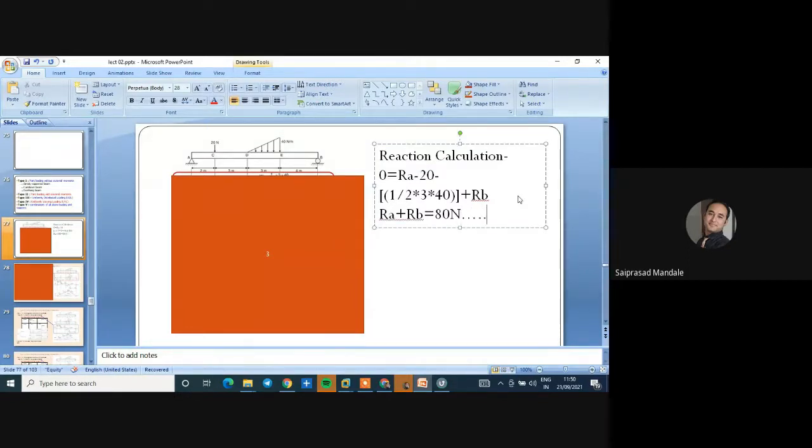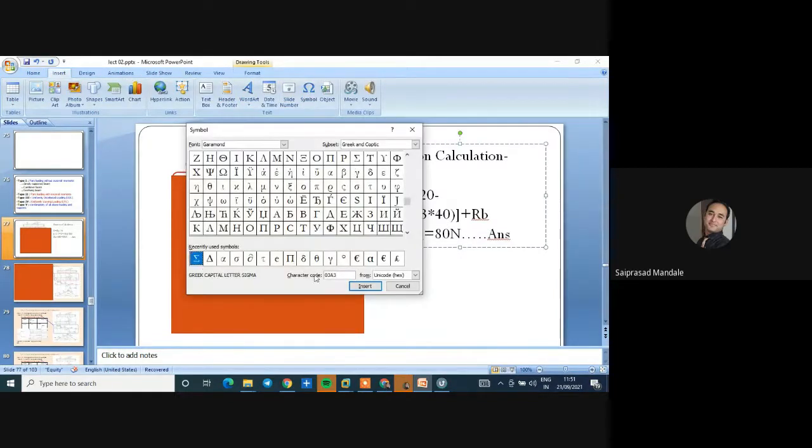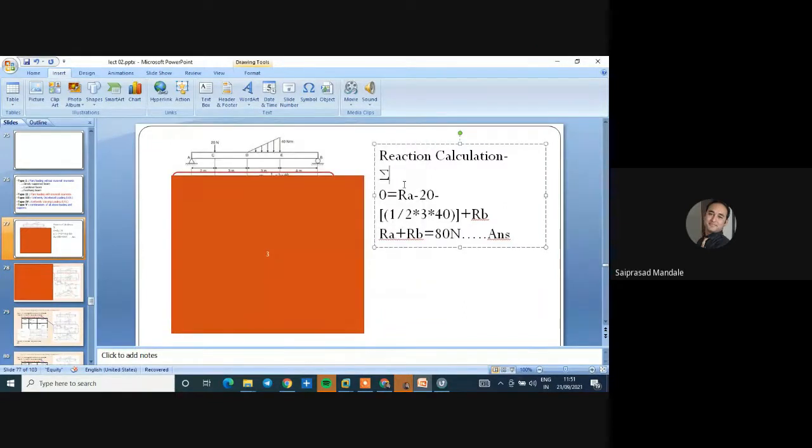Please check and tell me the answer. 80? Is it right or wrong? Yes, sir, right. Good. Summation of Fx is equal to 0. Summation of Fy, we have calculated RA plus RB now.